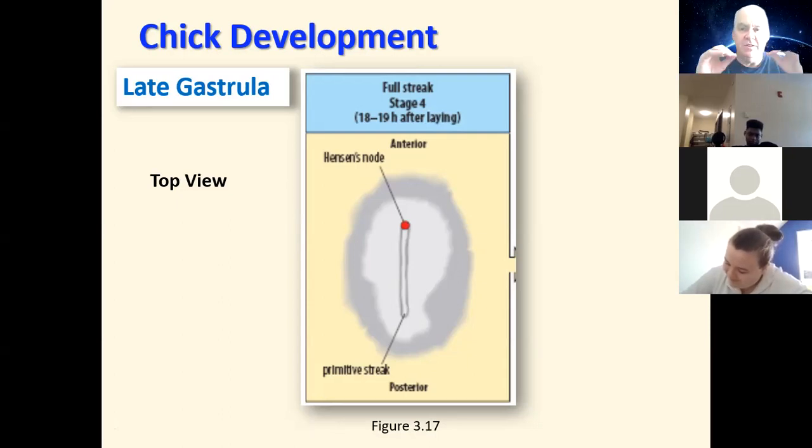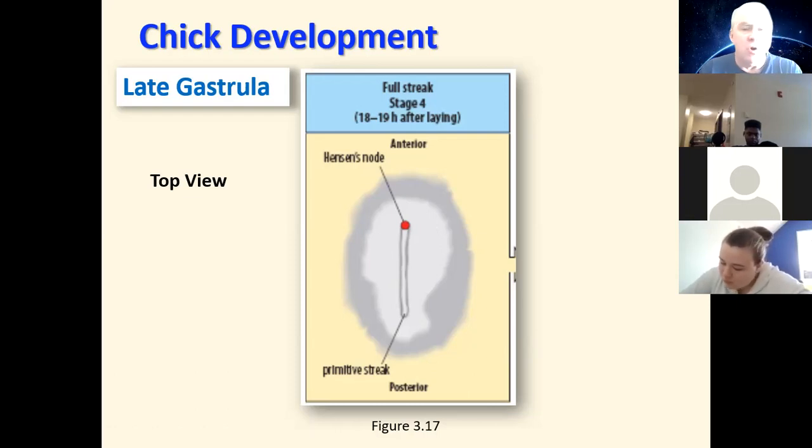So you've got this Henson's node here where cells are coming in. So we're about to start neurulation. Right before neurulation starts, the cells that are going in here are still going anterior and lateral. So you've got cells that are coming in through this node and moving forward and moving sideways. So they're filling in that direction.